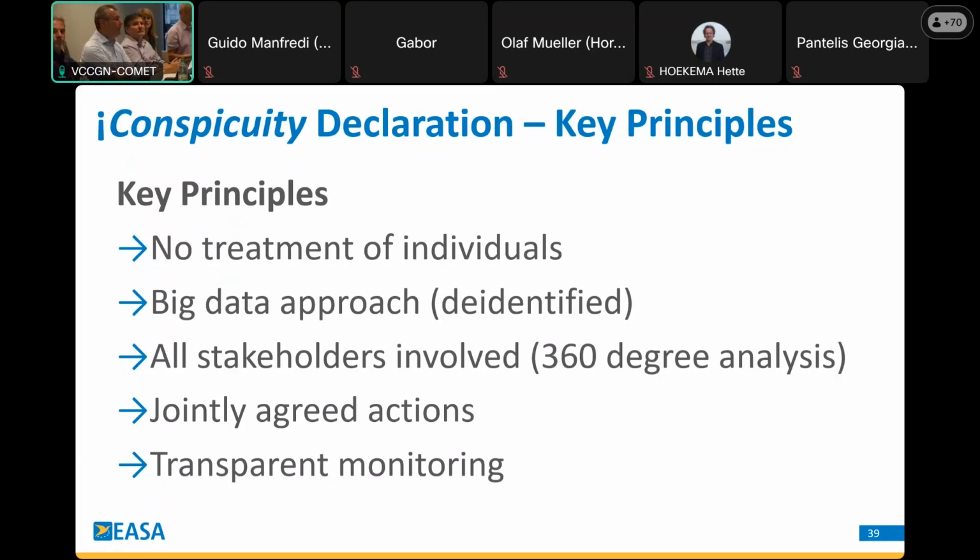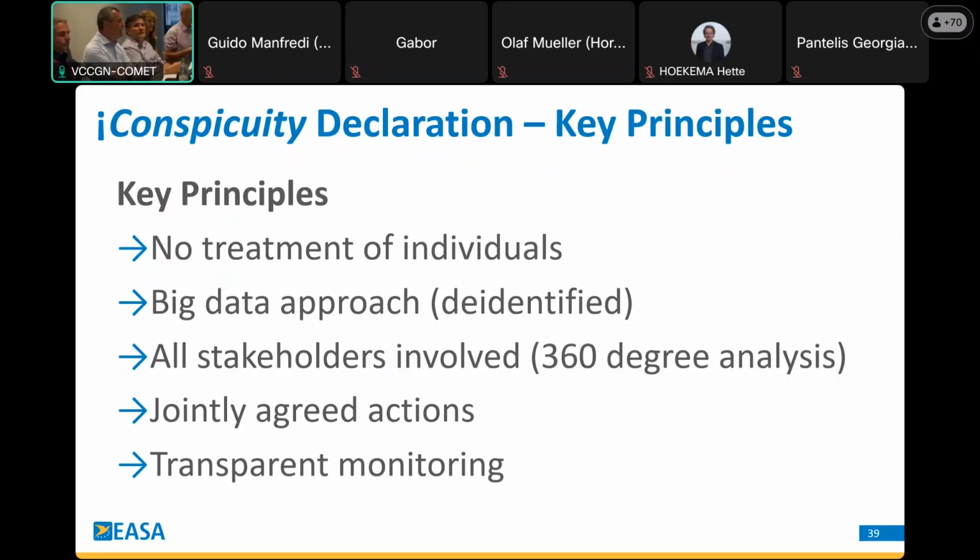This data should be de-identified and analyzed as a data set, not as individual flight traces. All stakeholders should be involved in this process. It should be 360-degree involvement and analysis.